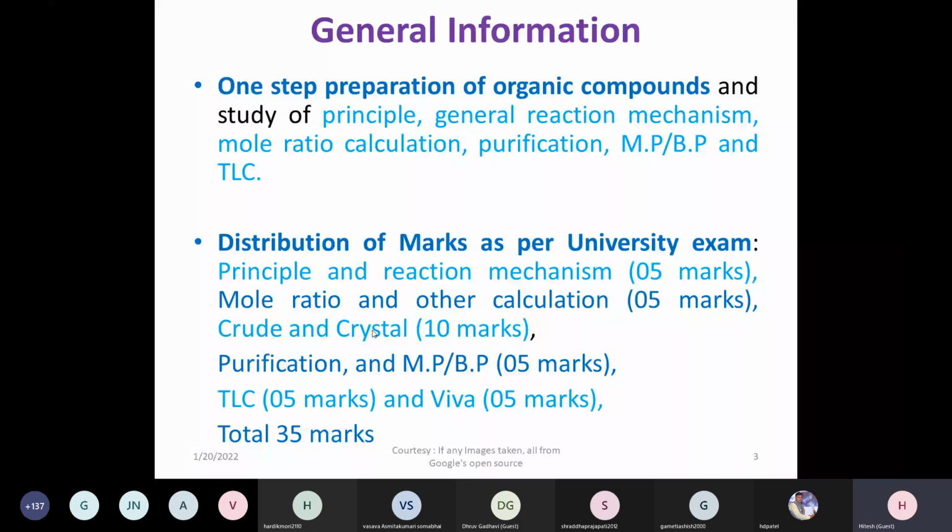So you get 100 marks for the practical: 70 external and 30 internal. Out of 70, here we talk about organic, 35 marks only. I am going to talk about the marks distribution for the university exam, since the internal exam distribution may differ a little.